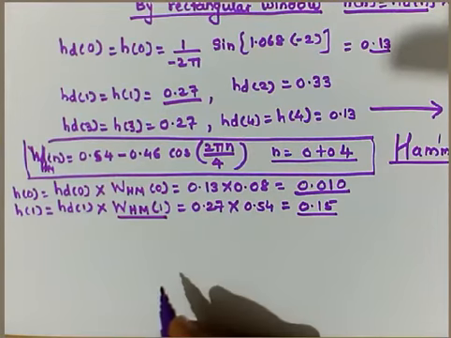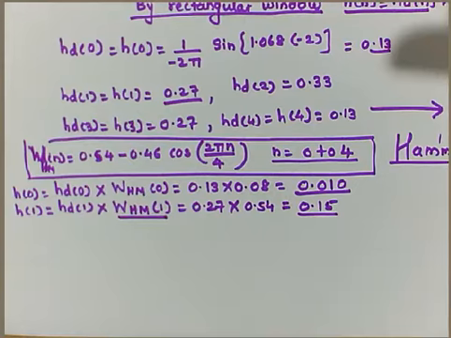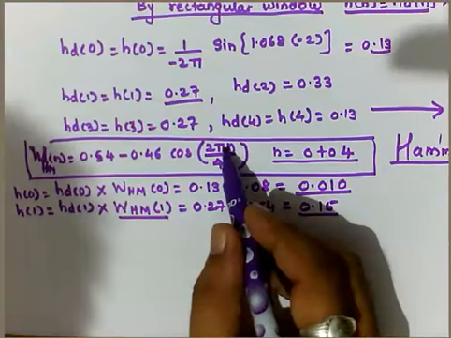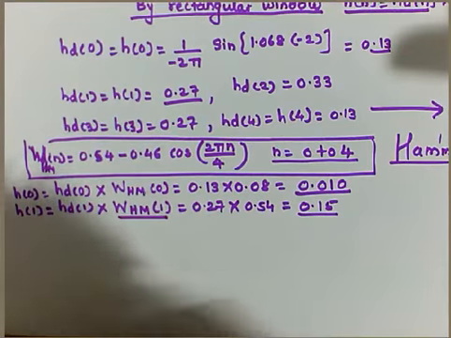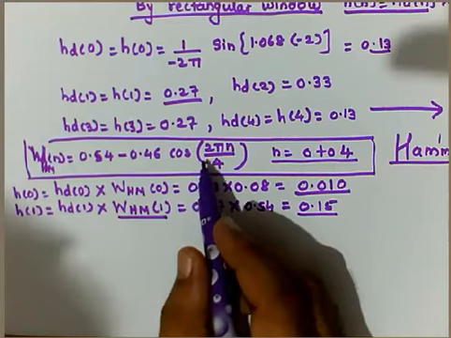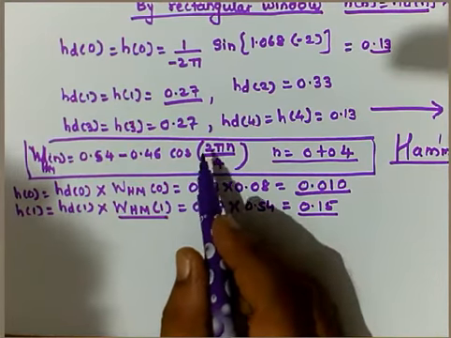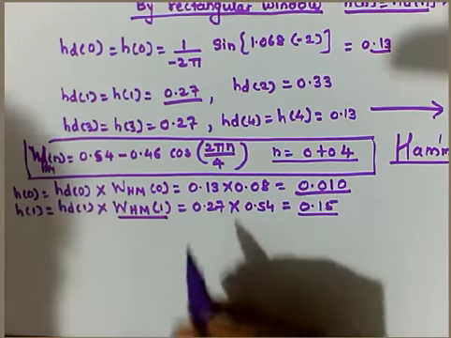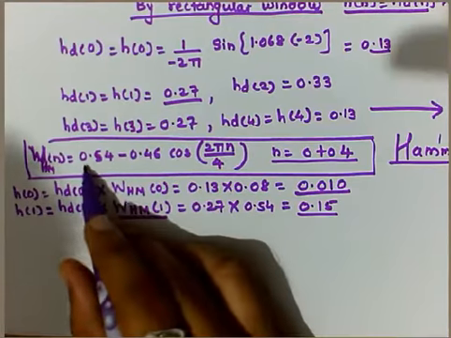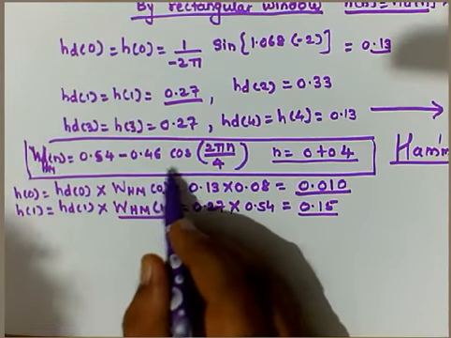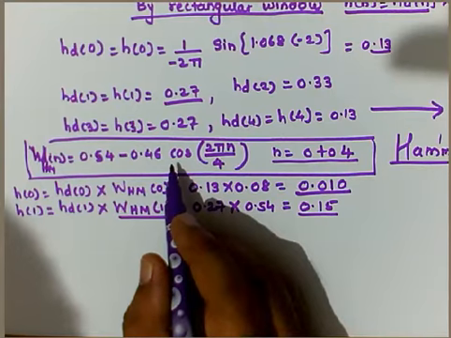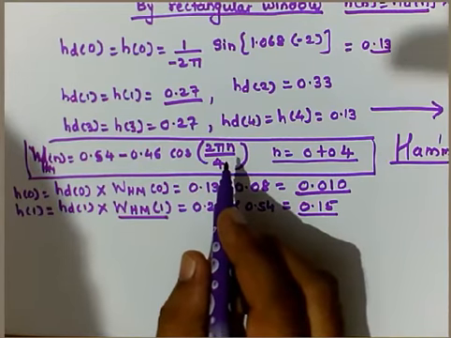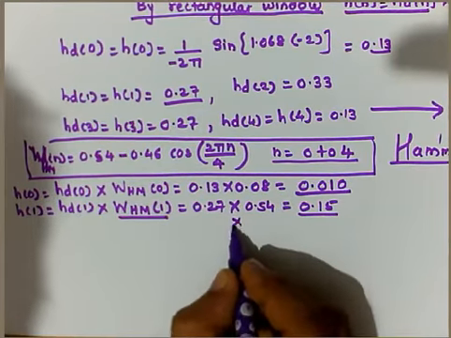Similarly, for n equal to 2, we can observe here n is 2, so cos 2 pi is nothing but 1. The cos n pi means minus 1 raised to n. So cos 2 pi is 1, and 0.54 minus 0.46 is approximately 1.